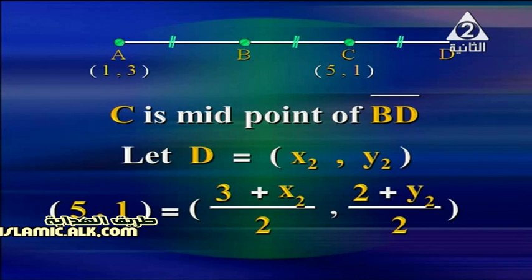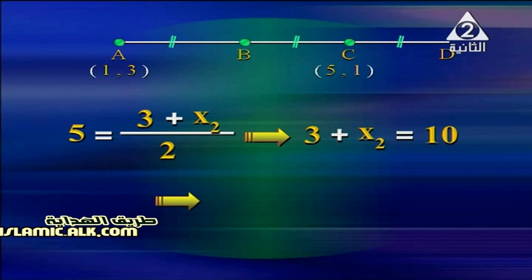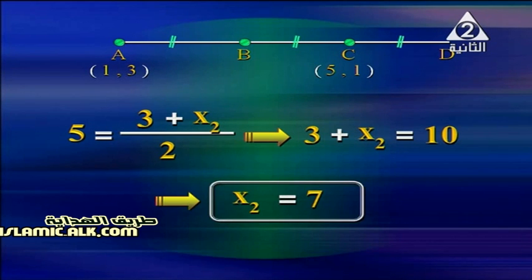Then two ordered pairs are equal, so the first coordinate equals the first coordinate. This will lead us to 5 equals (3 + x2) over 2. By making cross multiplication, 3 + x2 equals 10, and then x2 will be 7.